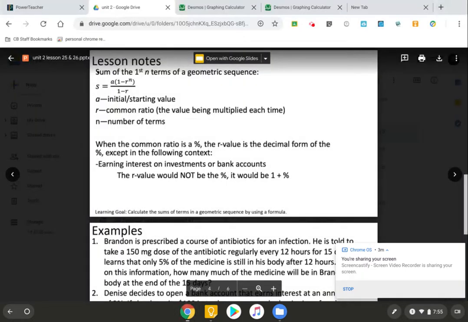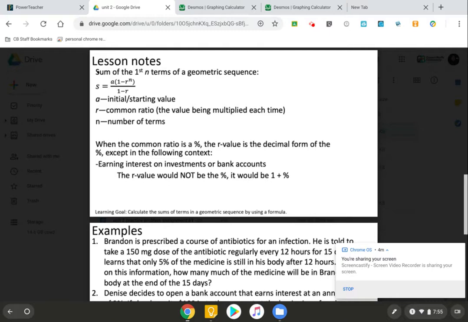Our R value is the common ratio. And if you look down here at the bottom, when the common ratio is a percentage, the R value is the decimal form of the percentage, except in the context of interest on investments or bank accounts.